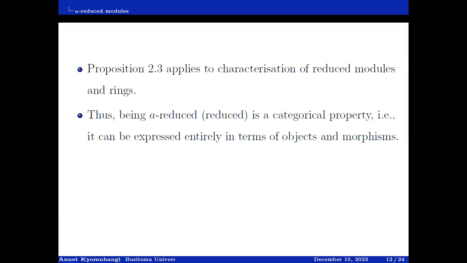So this pushes us to knowing that this a-reduced and reduced is actually a categorical property. Why? Because one is able now to describe these modules that are a-reduced or reduced using the objects and their homomorphisms. So having known that this property is categorical, one begins thinking of how to define a functor that actually describes these reduced and a-reduced modules.